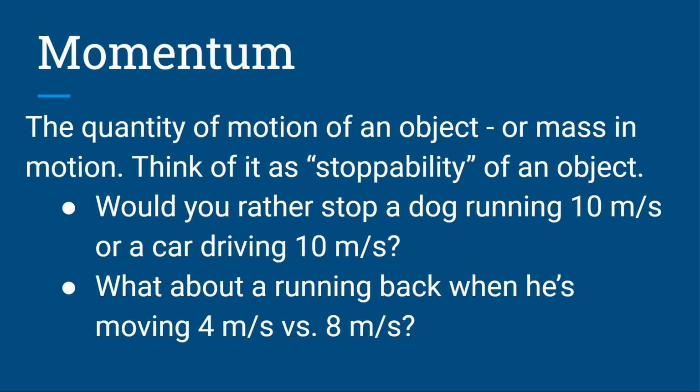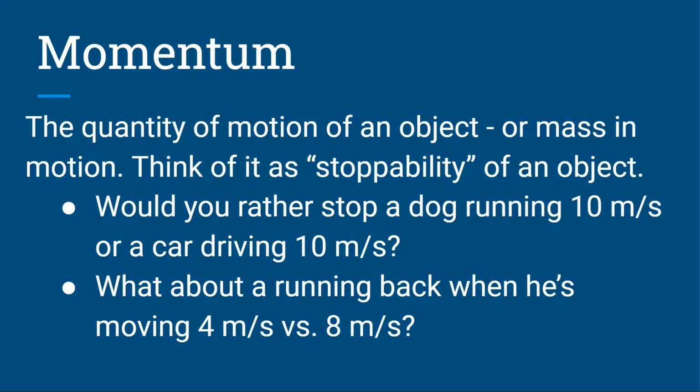And so you can think of it as the stoppability of an object. When we talked about momentum last semester, we did a digital lab with some fan carts. And we looked at how easy or difficult it was to get those carts to stop based on how fast they were initially moving, based on their masses, based on the amount of force that was used.